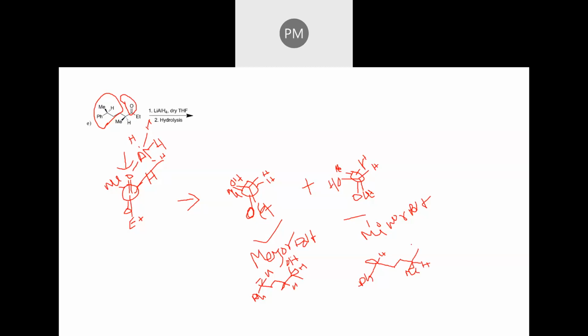Our carbonyl becomes OH, which will be above, H will be below, and there will be one ethyl group. This will be the minor product. So this one is also an example of which reaction? Stereoselective reaction.